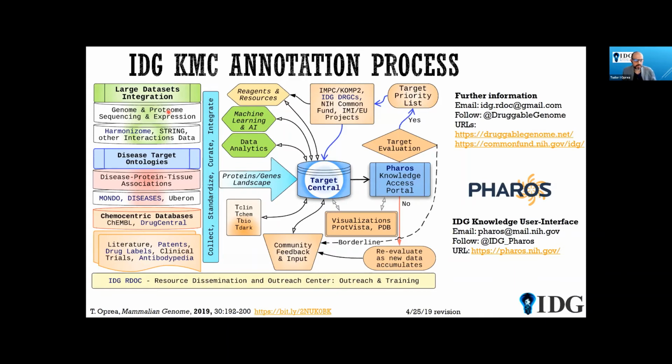We also include disease ontologies and tissue ontologies, etc., as well as chemical information coming from ChEMBL. This is not unlike what Ian was presenting. Plus, we mine information from patents and drug labels as much as possible. So all that goes into Target Central, which can then be interfaced via the knowledge access portal Pharos.